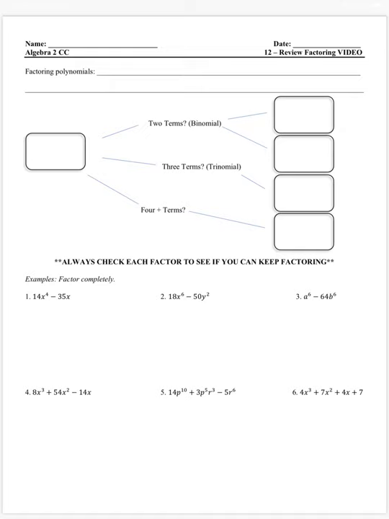What I want you to write for the definition of factoring polynomials, I know you guys for the most part know what it is, but I want you to write this down. You are breaking up a polynomial into simpler terms.